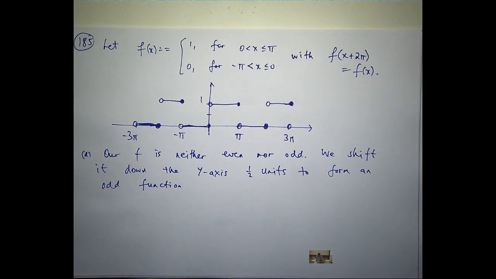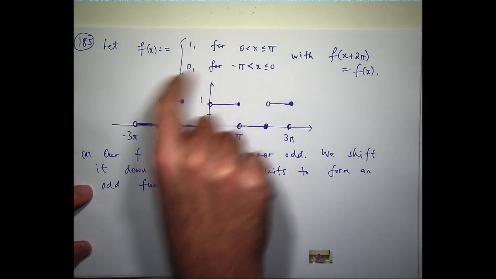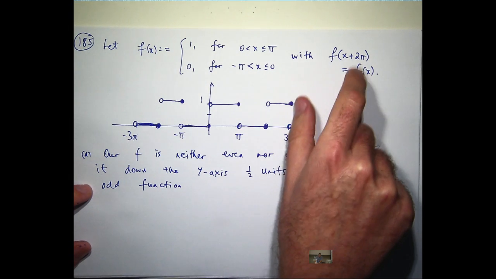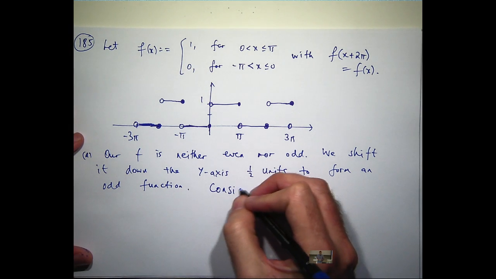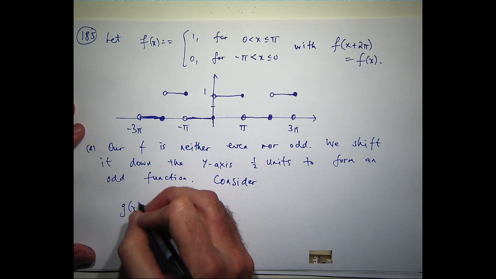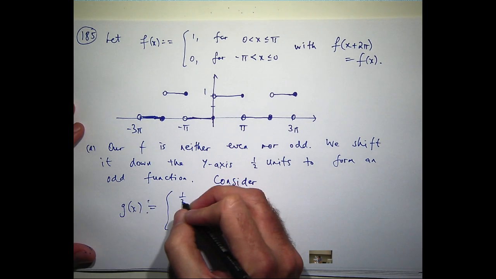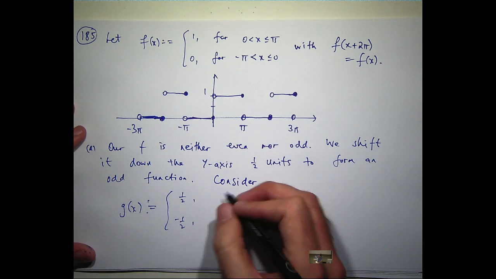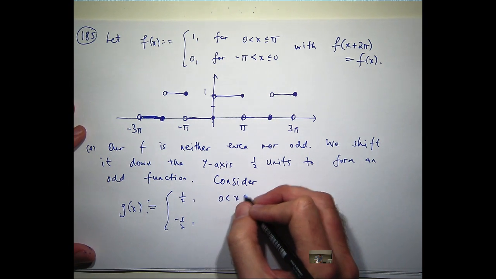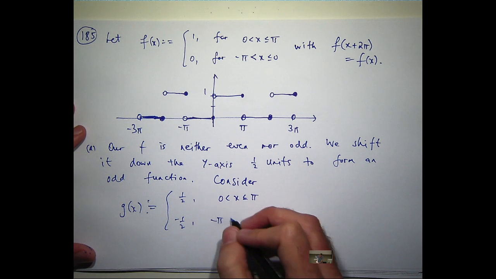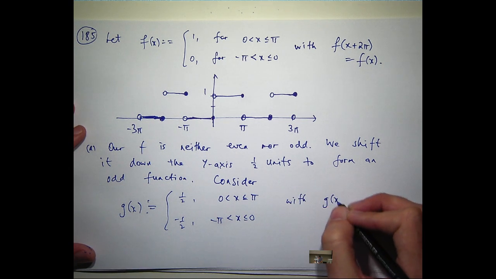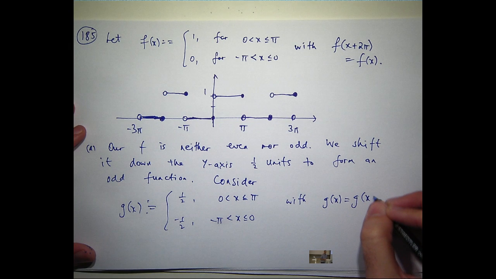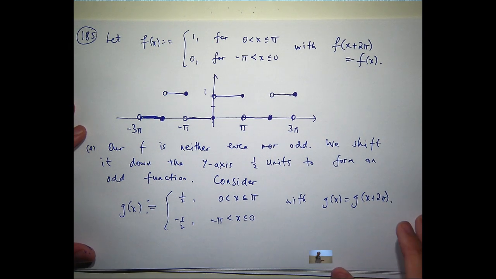Okay, so we're going to consider a new function, g, that is basically just this function shifted down half a unit and the same periodicity. So it's going to be a half and minus a half.